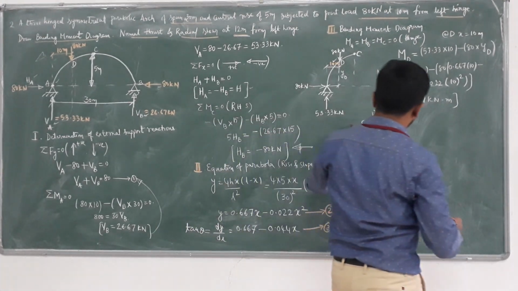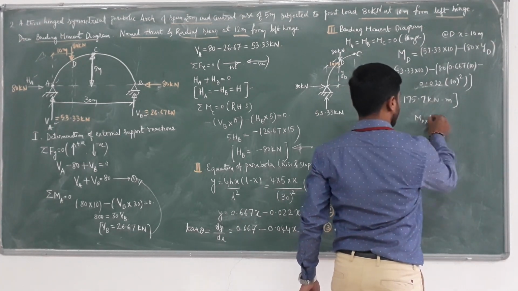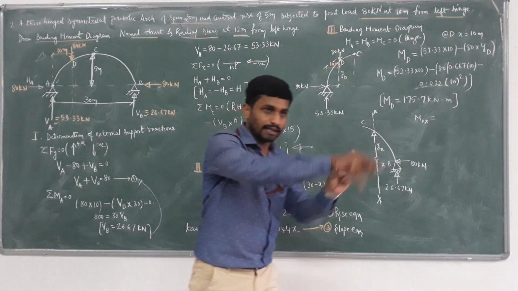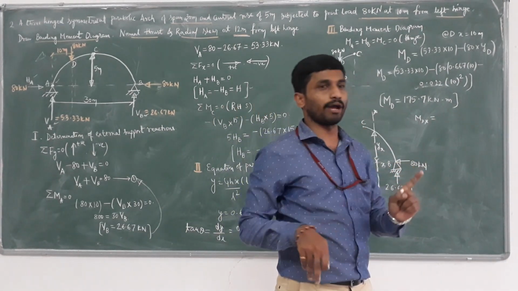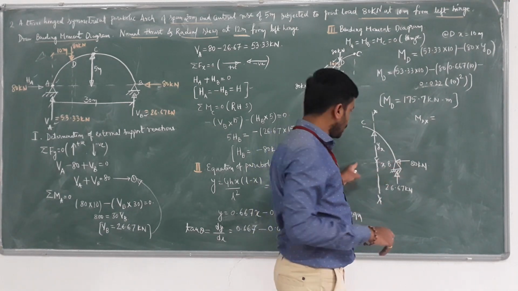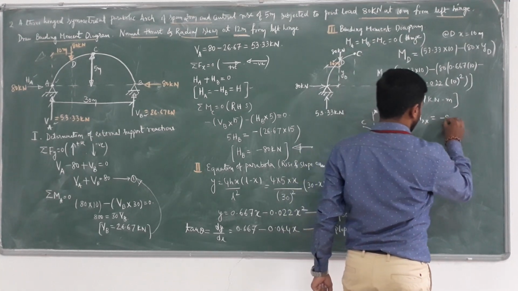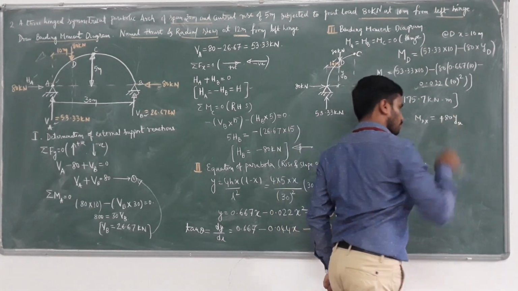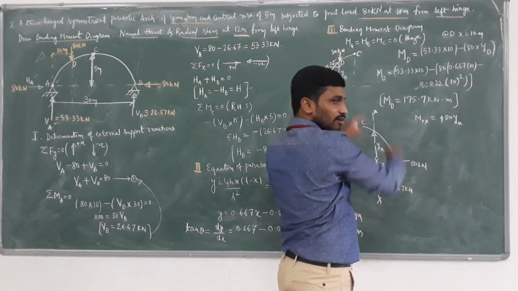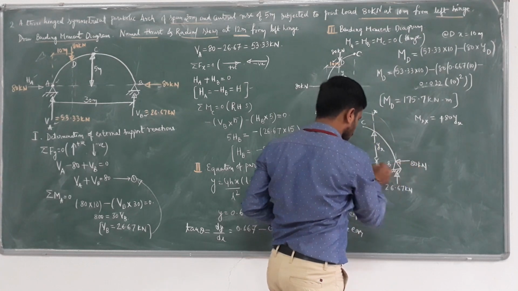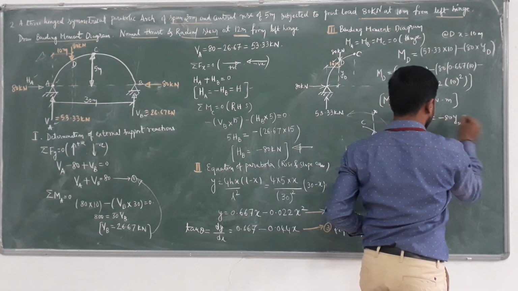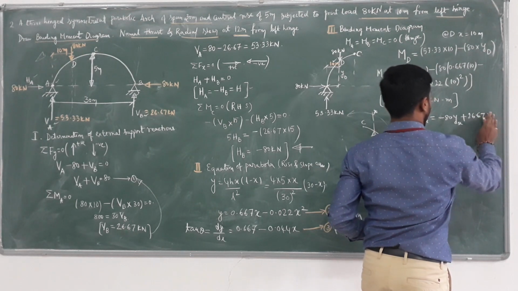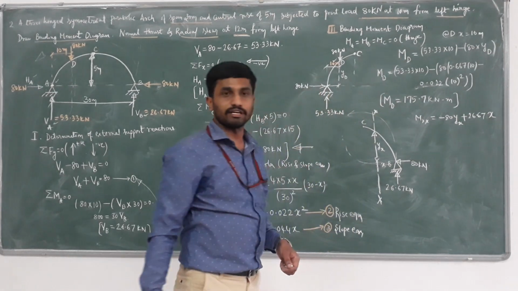Clear? Therefore, now I am taking Mxx. When you are considering the moment left to right, anti-clockwise moment is positive, clockwise moment is negative. So it will become minus 80 into yx, because this is rotating clockwise, plus 26.67 into x, because this is rotating anti-clockwise.